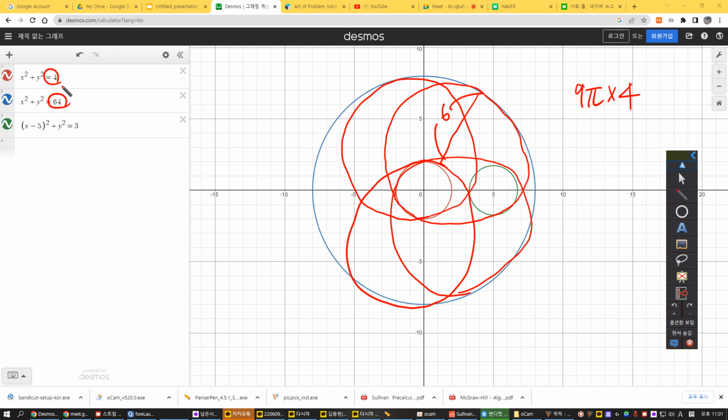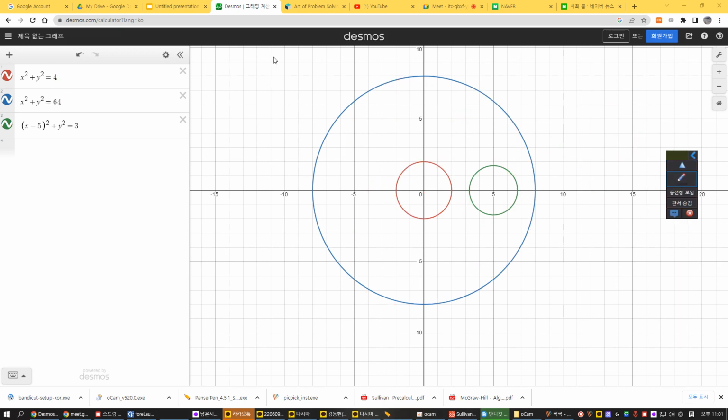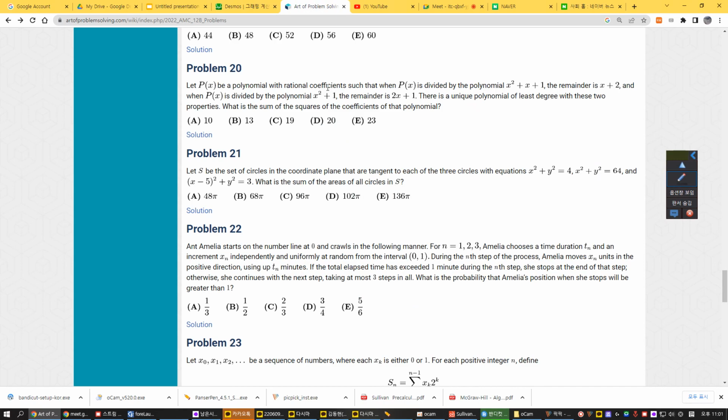So the diameter is 10, and the radius is 5. So 25 pi is the area, times 4. So what's the sum of these two? That makes 136 pi. That's the sum of the areas of the circles. Yep, so the answer is E.